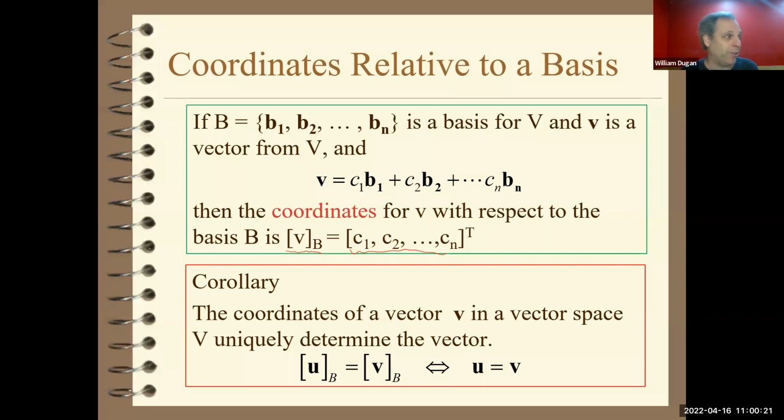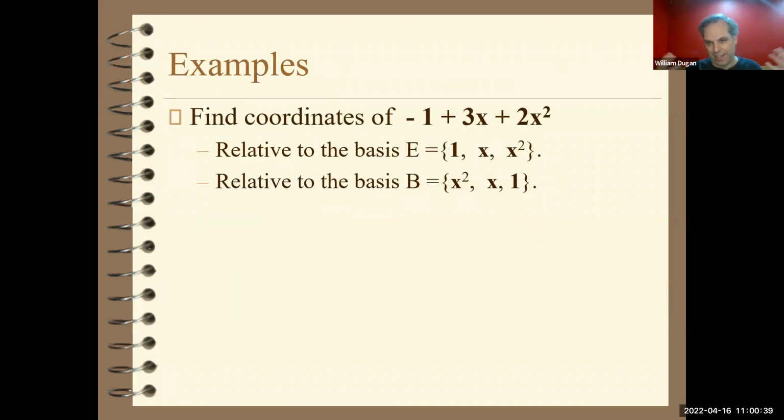And that's because every vector can be written as a unique linear combination of the basis vectors. So we have this nice connection between the two. We can look at the vectors in the vector space V, or we can look at their coordinates instead. So just as an example, so you understand what I mean by coordinates with numbers.